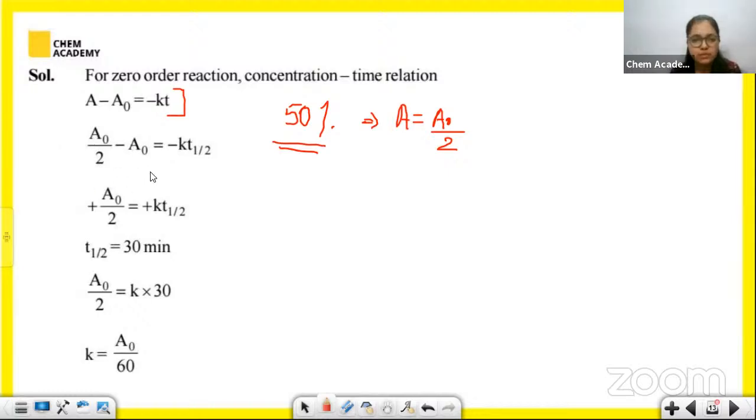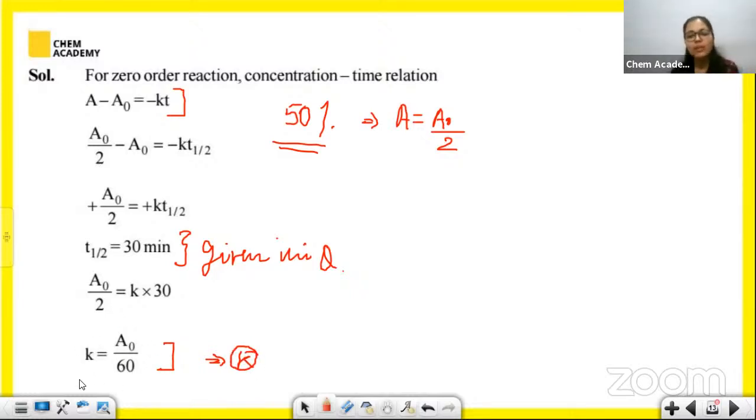Now, on solving this, we will get minus A0 by 2, but since minus is also on the right hand side, it would get cancelled out. The time was given in the question. We will put the value of time in this equation, and from here we got the value of k.